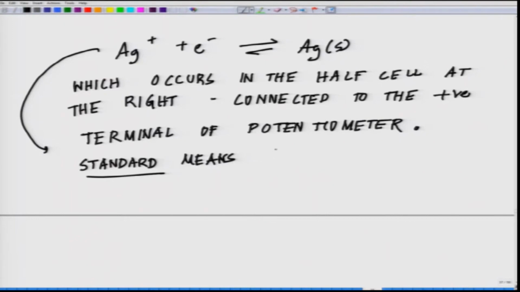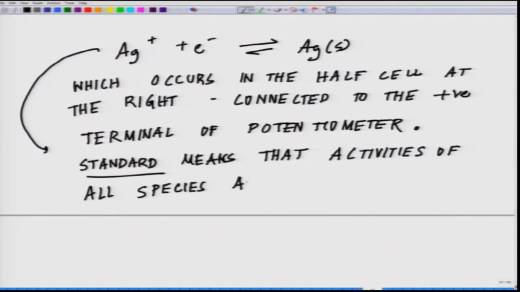Standard means that the activities of all species are unity, or 1.